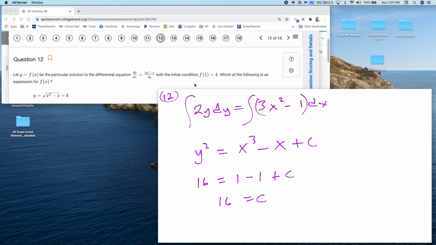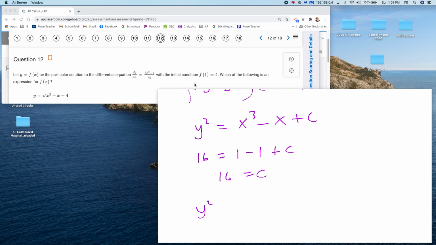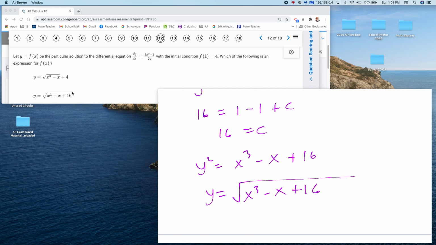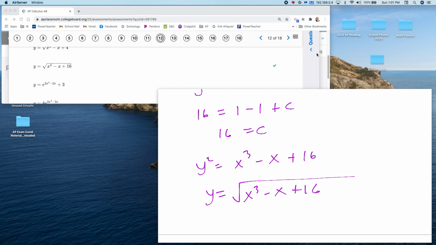And so now I got y squared is equal to x cubed minus x plus 16. And you take the square root of both sides. And there's your answer. That's got to be that one right there. The other ones don't make any sense. It is that one right there, and you're done.